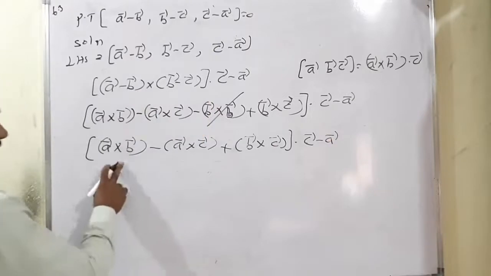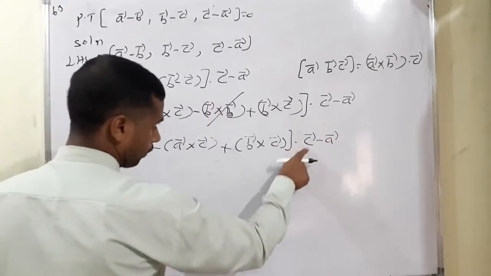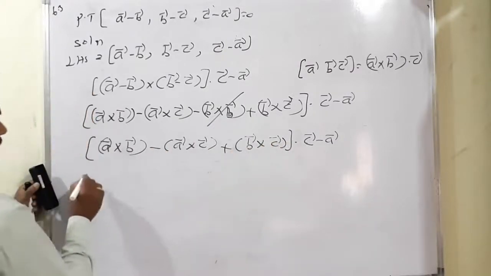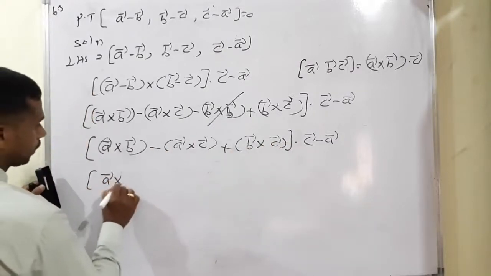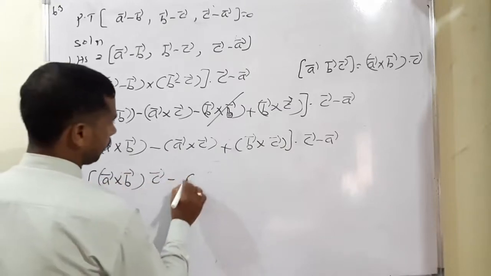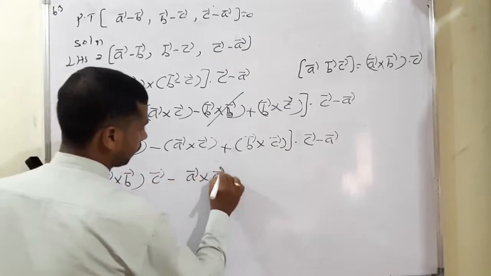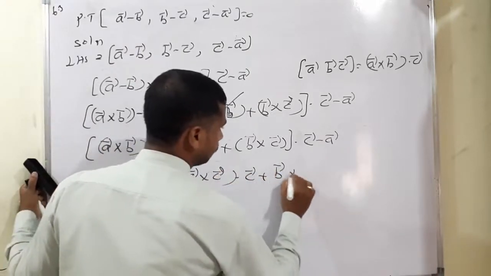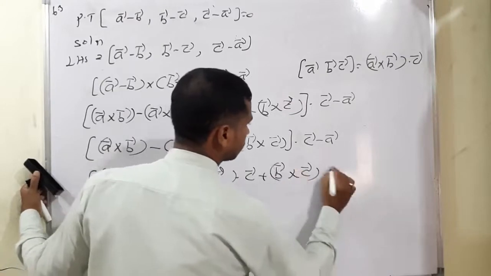So first, each and every time we multiply with c, what will happen? Positive into positive means positive. We can write a vector cross b vector dot c vector. Next, minus a vector cross c vector dot c vector, then plus b vector cross c vector dot c vector.